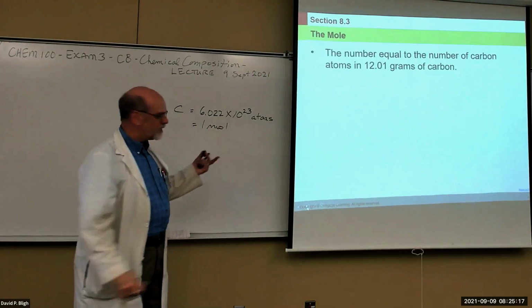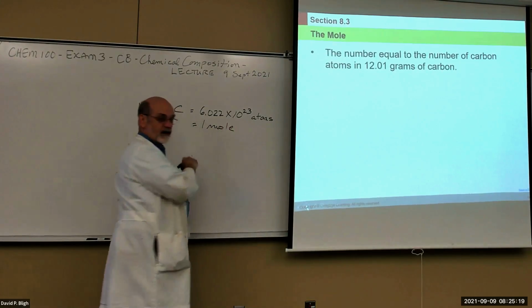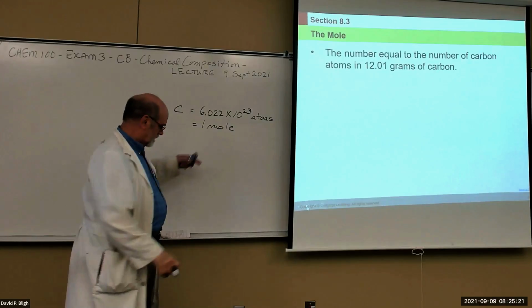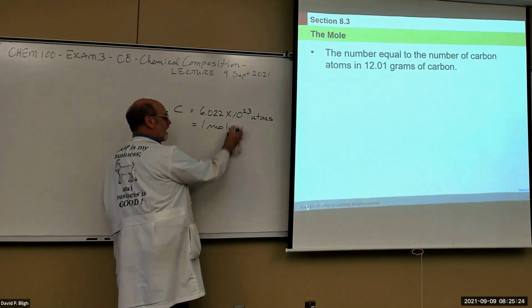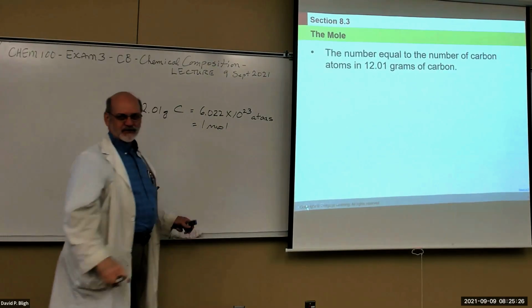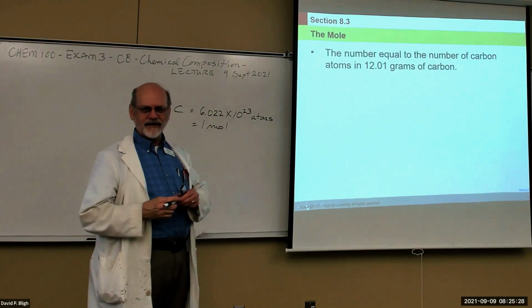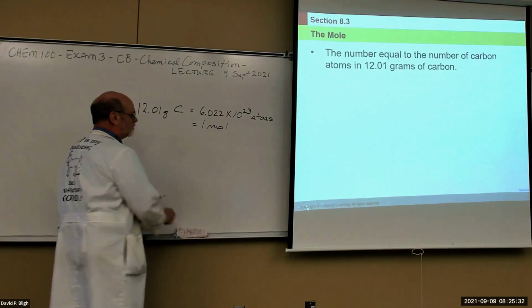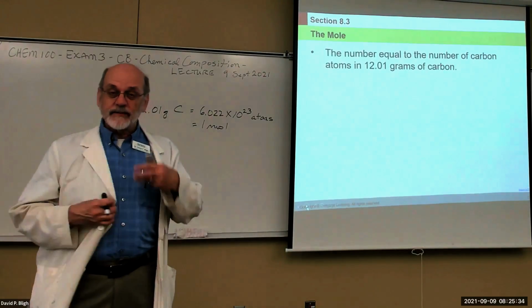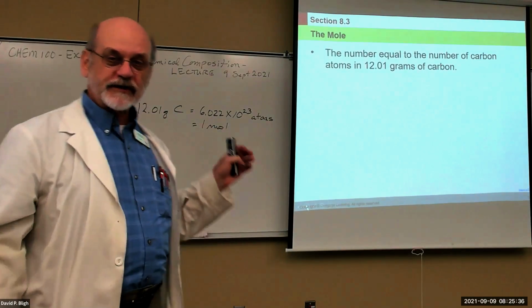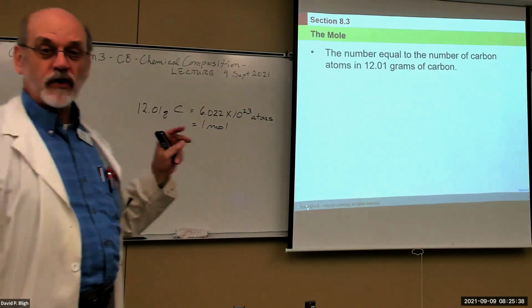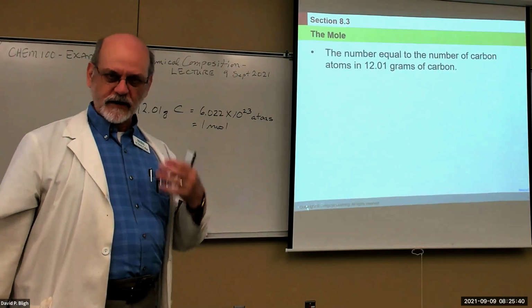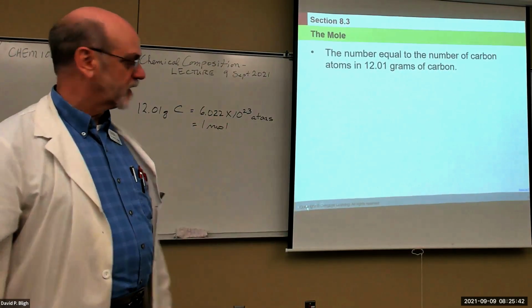Funny thing about the mole, if we write out the whole name, that's mole. But if we want to shorten it, abbreviate it, you drop the E. I never could figure that one out. Seems like it's hardly worth the trouble. Okay, so anytime you have a mole of something, you have 6.022 times 10 to the 23rd of them. That number.